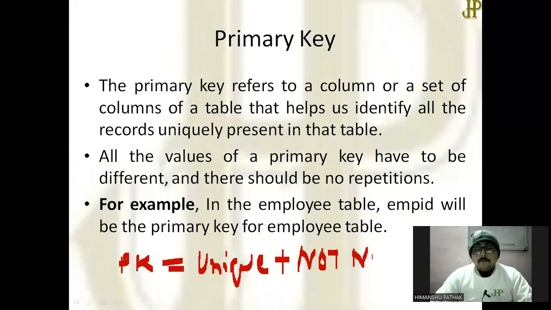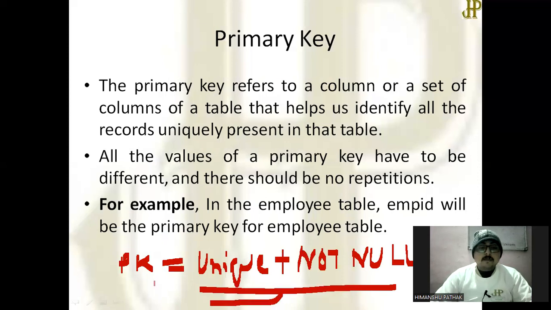No row can go blank. If these two rules are kept, then that column becomes a primary key.